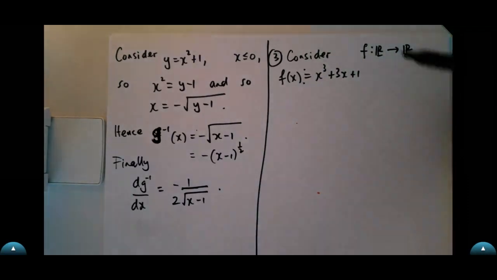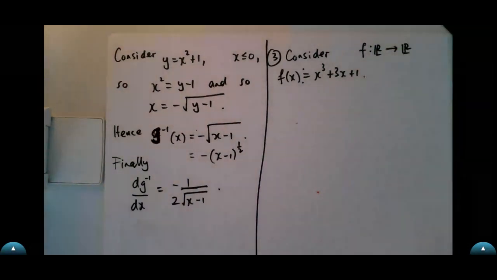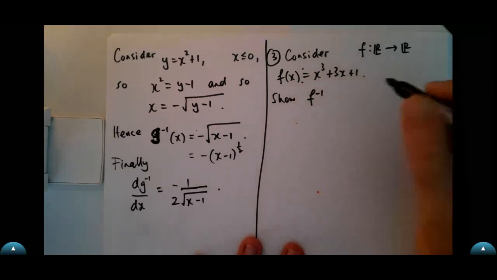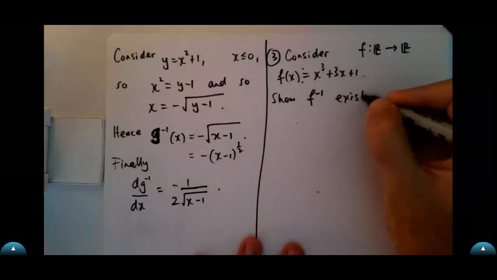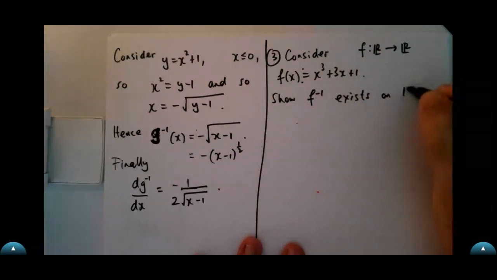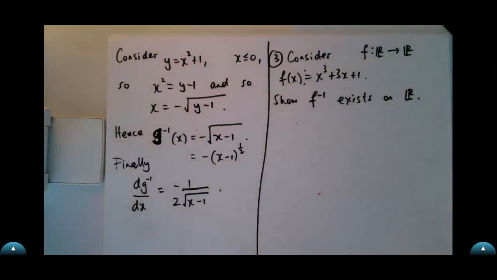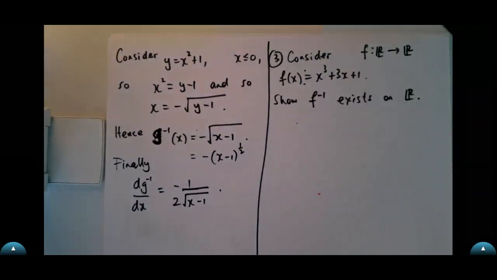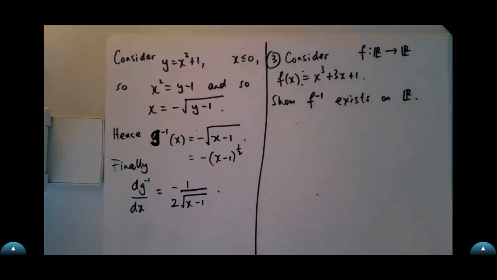And we're asked to show that this has an inverse. All right, that's basically what they're asking us to do. Show us that there's an inverse function, and the inverse function is defined on the whole of the real line. Okay.